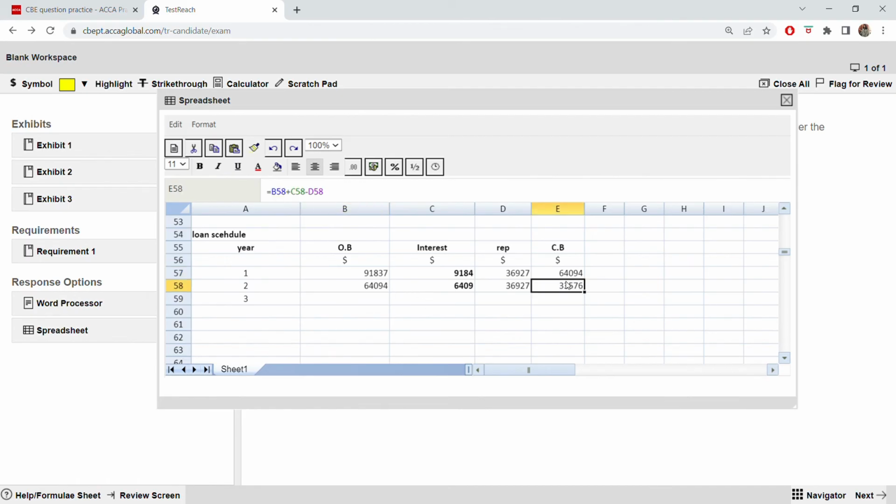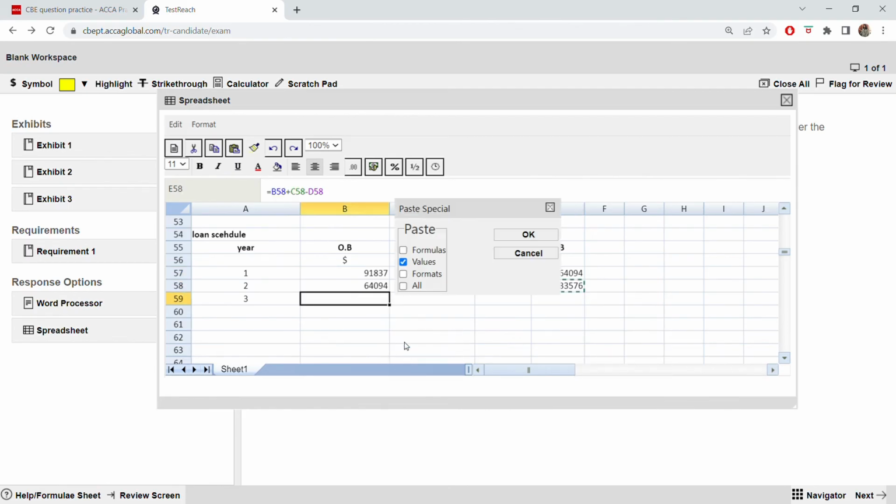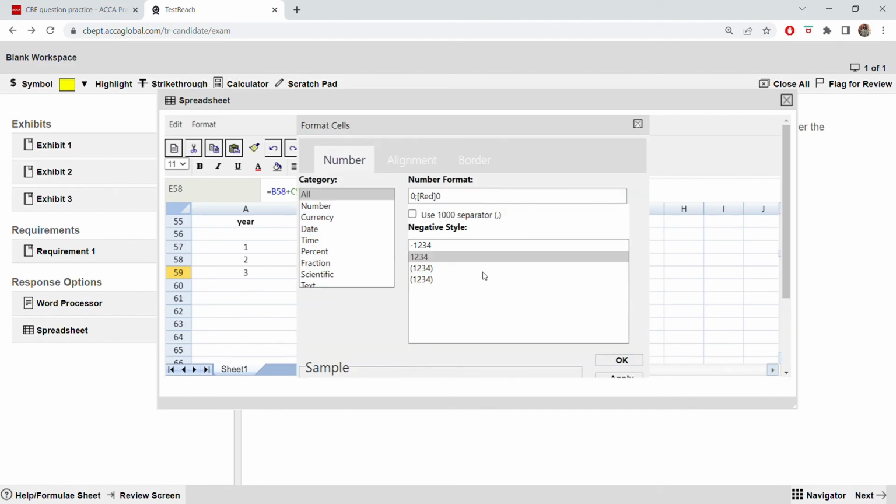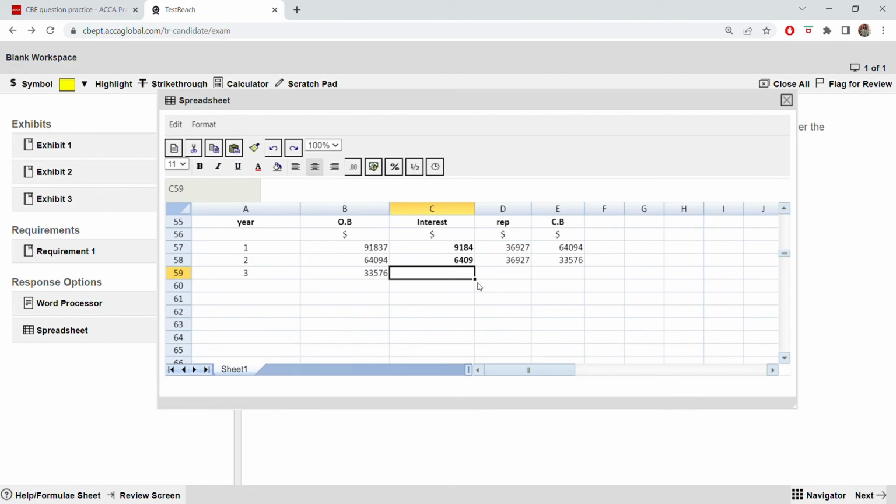Here, copy paste. You have to format cell. Next, bring it down like this. This plus sign should come.